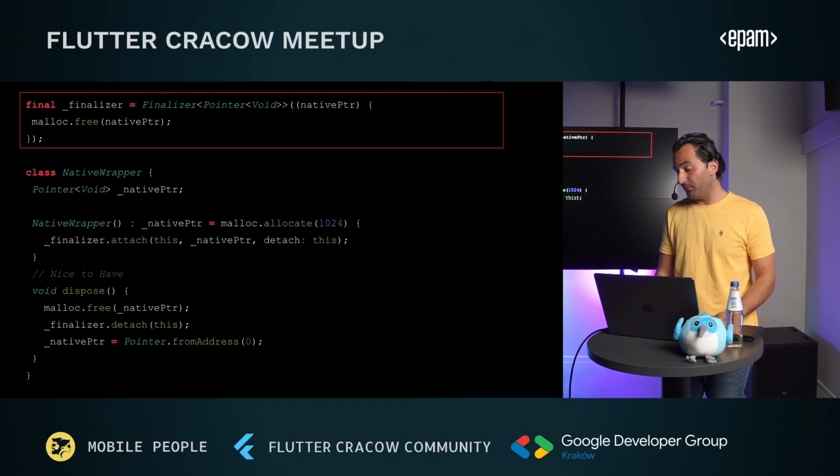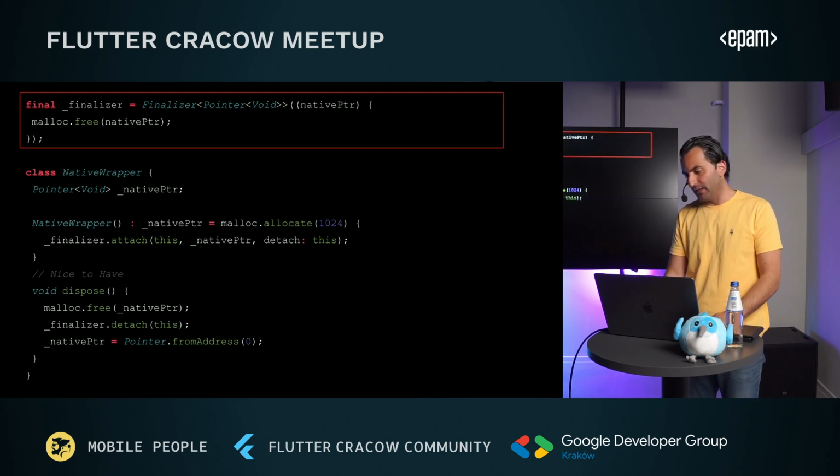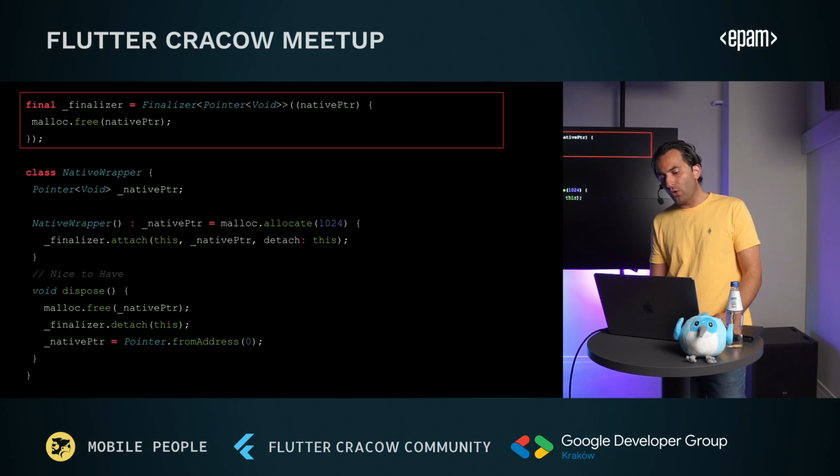A good example is managing native memory. If you are dealing with native memory, you need to call a native method to free up your memory manually.